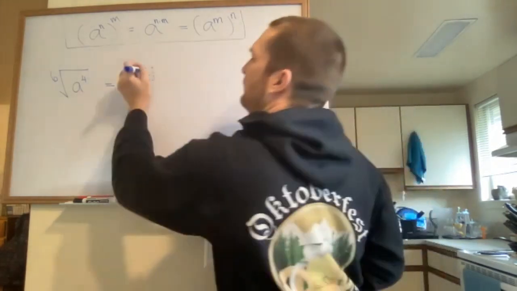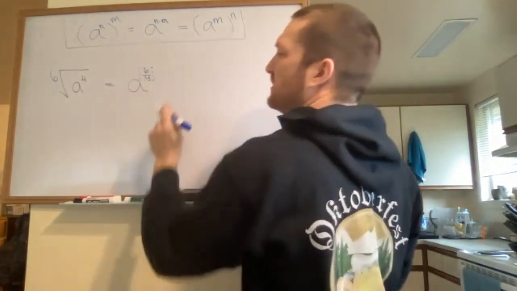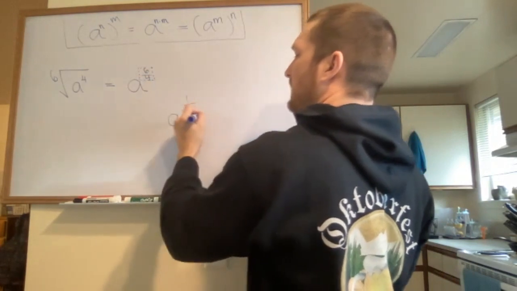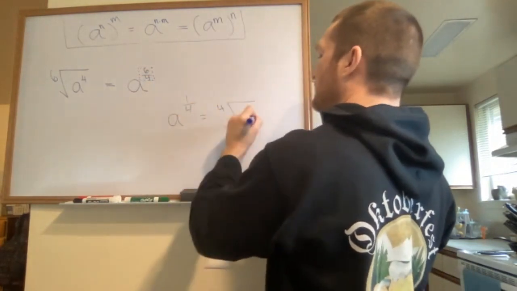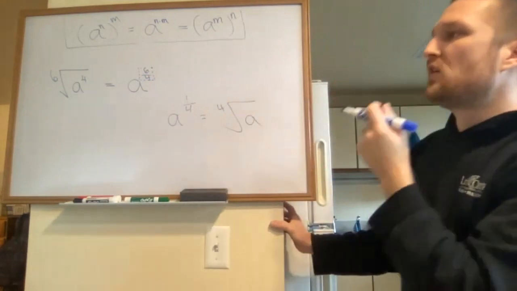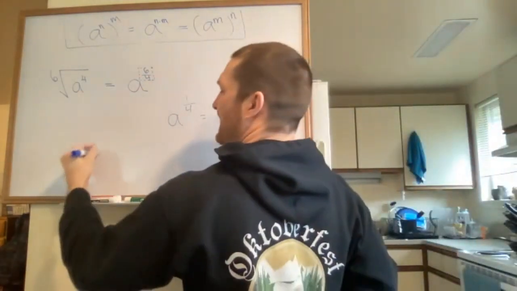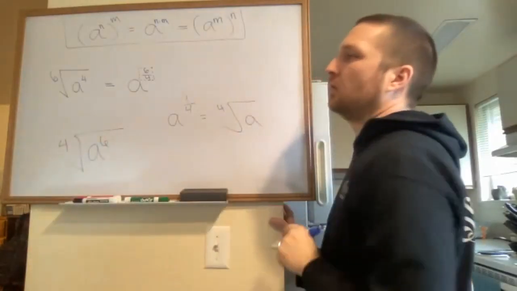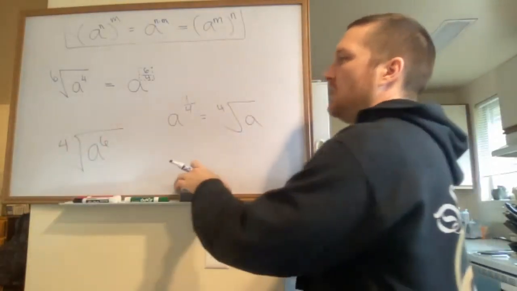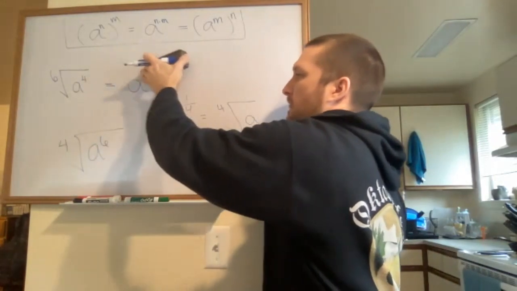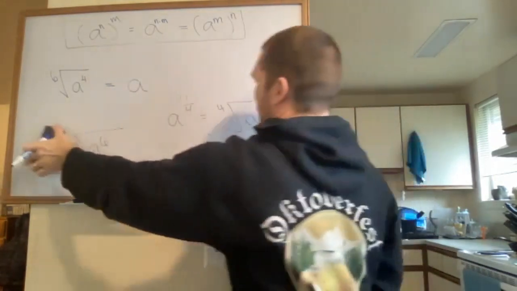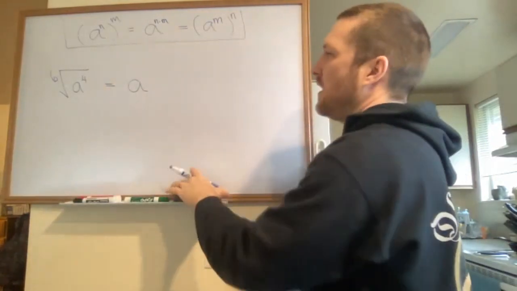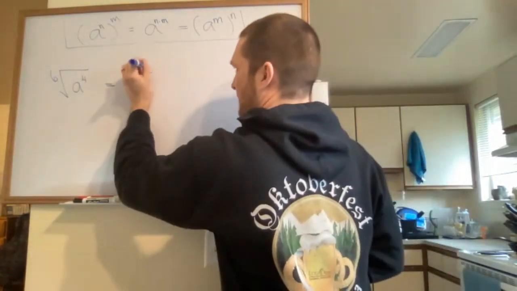Well, if it were 6 over 4, remember the denominator is the order of the radical. So a to the 6th over 4 would be a to the 6th with a radical to the 4th. So there's only one other option. This has to be a to the what? 4 over 6.